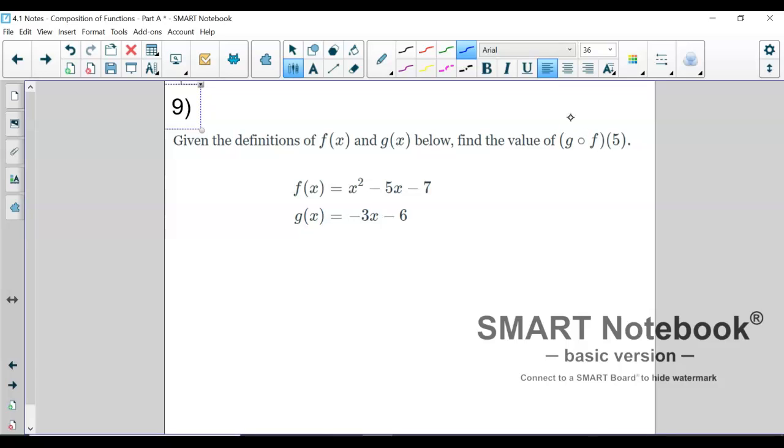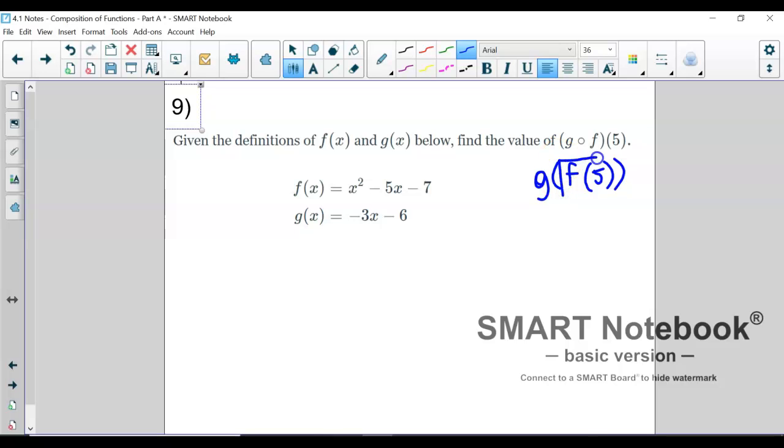I like the other notation better, but some textbooks and programs use this notation, so I want you to be familiar with it as well. When you see g of f of 5 right here, this is the same as g of f of 5, like this. So whichever one is closest, that is your inside function.